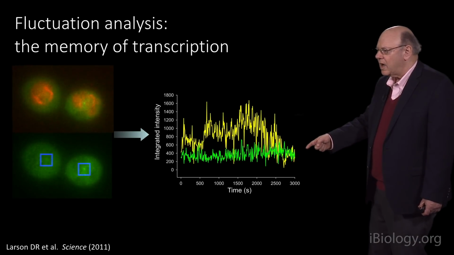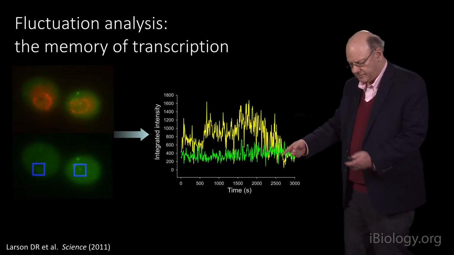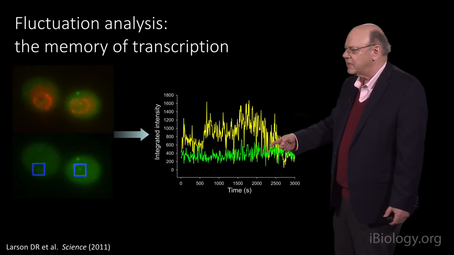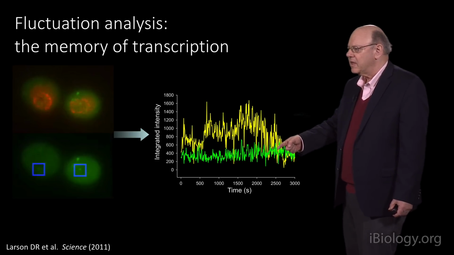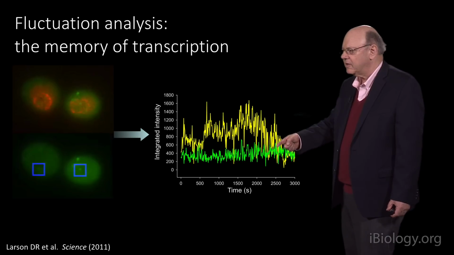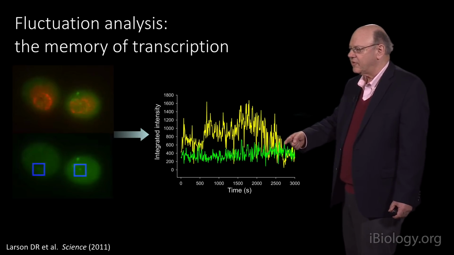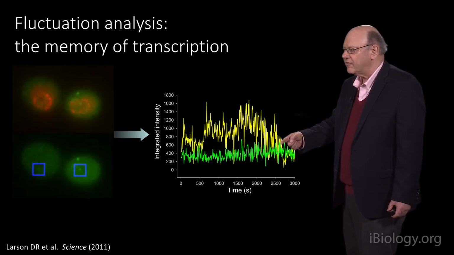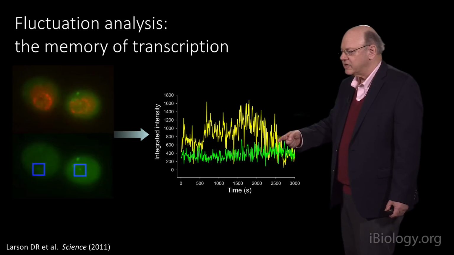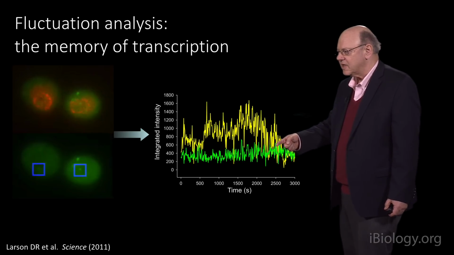So you can analyze this data, and from the analysis you can see that the transcription is stochastic. That is, you never know when the gene is going to start making an RNA, and you never know when the RNA is going to come off and when the next polymerase is going to get on.